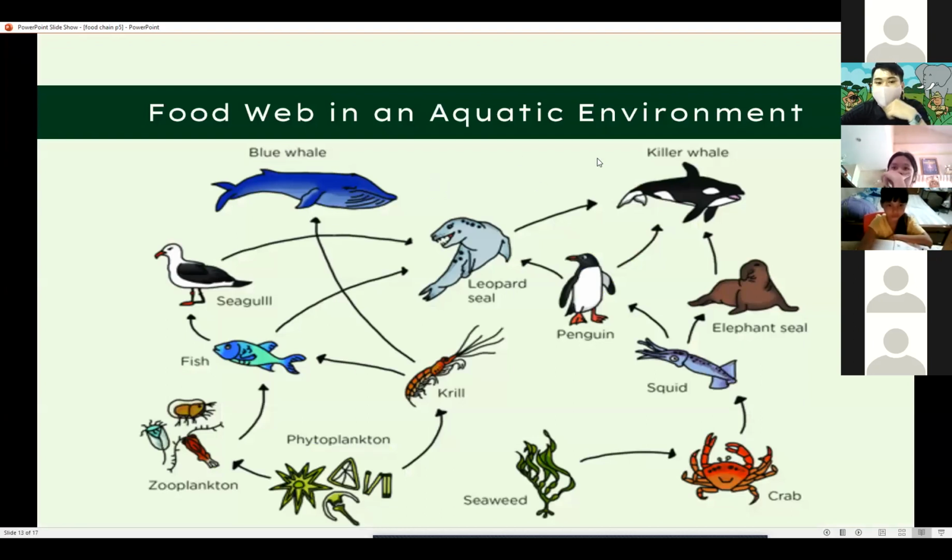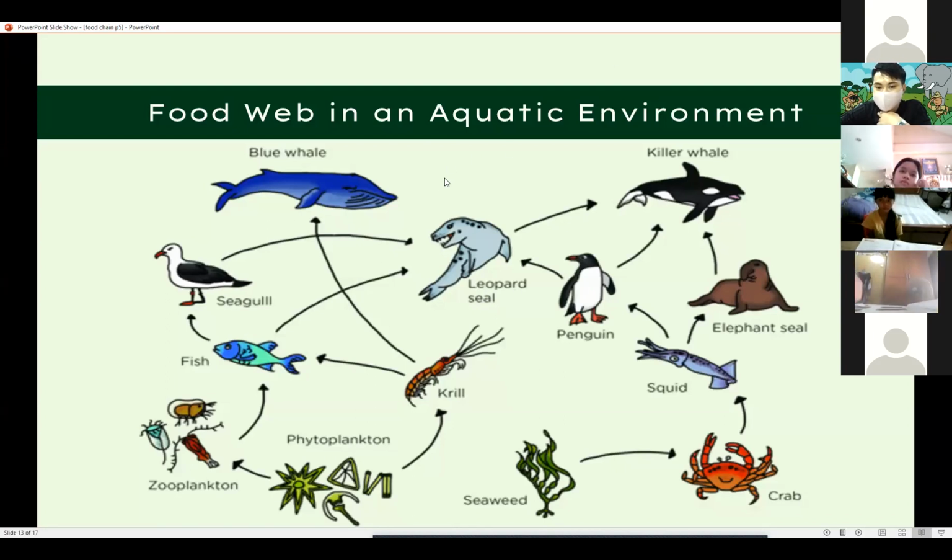Now, in an aquatic environment, just look at here. Okay. It starts from the phytoplankton or the seaweed. Same also in the animals. So phytoplankton is eaten by zooplankton. Zooplankton is eaten by fish. Fish is eaten by seagull. Seagull is eaten by leopard seal.